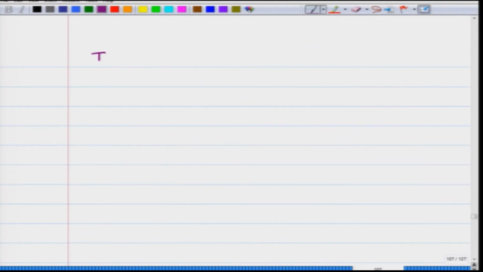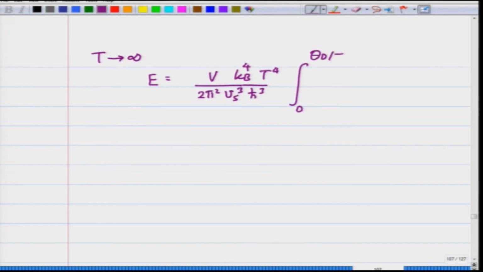If I take T becoming very large, in that case I have E equals V over 2 pi square V_s cubed, h cross cubed, k_B raised to 4, T raised to 4, integral 0 to theta_D over T of x cubed over e raised to x minus 1 dx, and now theta_D over T is a very small number.